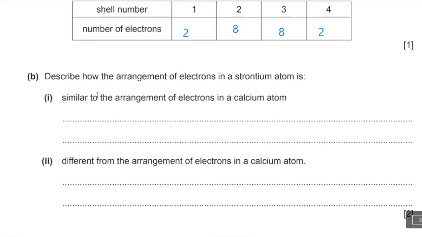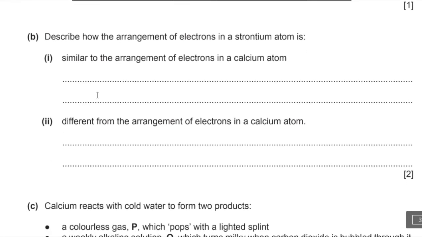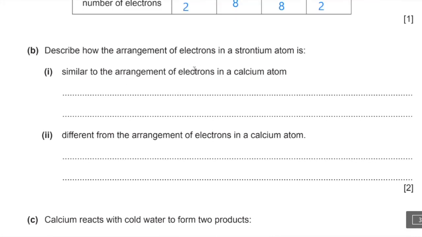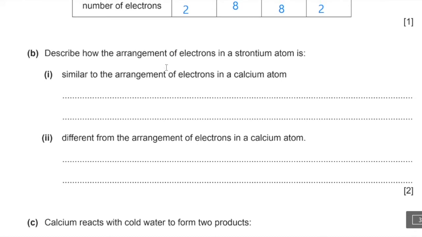B. Describe how the arrangement of electrons in a strontium atom is one similar to the arrangement of electrons in a calcium atom. Since strontium and calcium atoms are both in the same group, they have the same number of electrons in their outer shell.